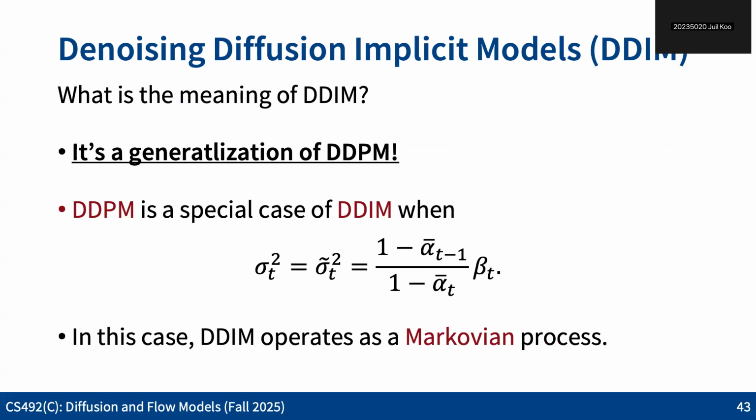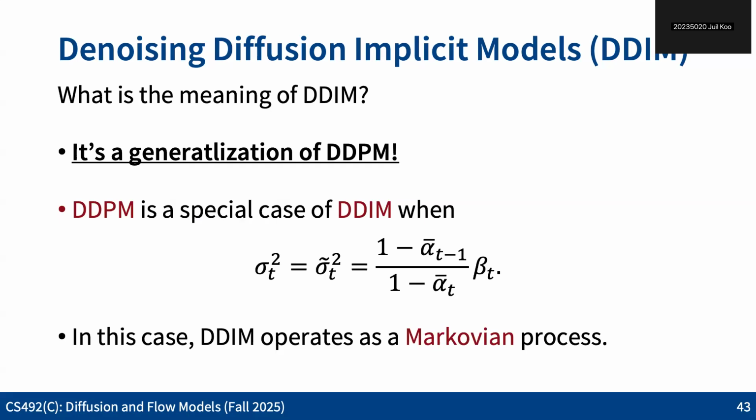And also, DDPM is actually a special case of the DDIM. So I'm going to make this a homework. What you can see is that if you set the variance term to be like this, also not a very complicated form, then when you set the variance like this, this becomes exactly the same as the DDPM case.